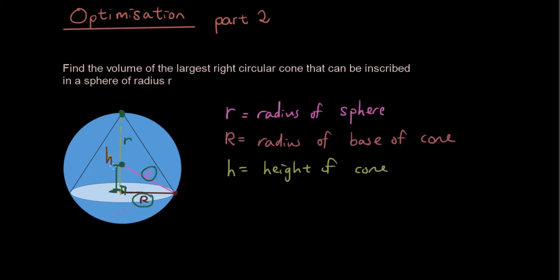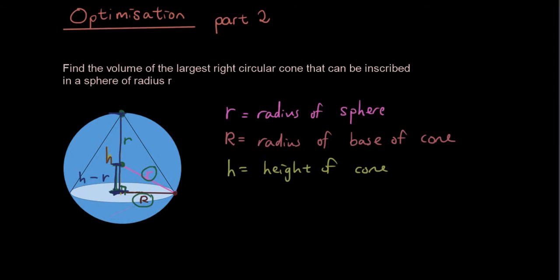So this little distance here will just be the height of the cone minus r, the radius of the sphere. If you can see, this whole line is h, and this section here is r, so this little section here must be h minus r. So hopefully you can see that.